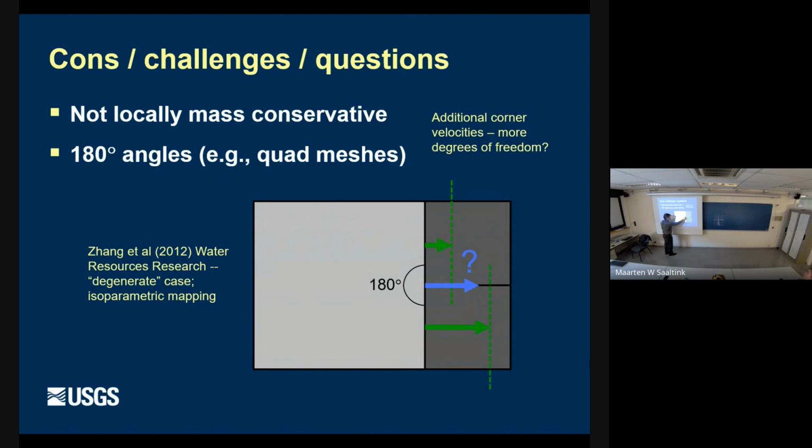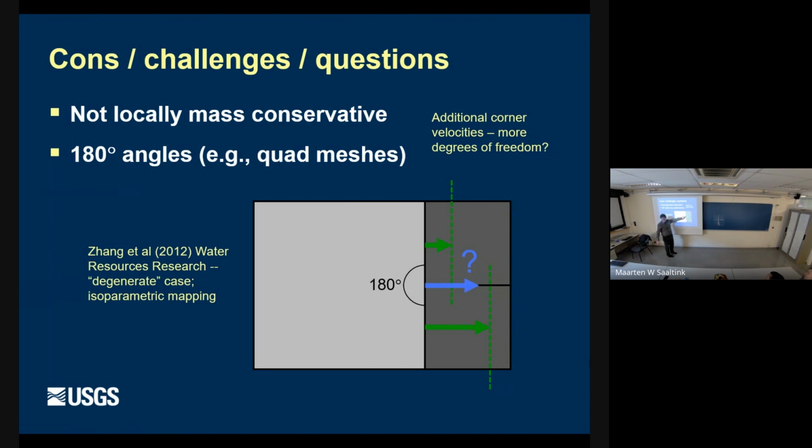So if you imagine there's a vertex here, this is a 180-degree angle. The problem with that is that Modflow could give you this flow on this face and that flow on that face, and supposedly they're supposed to match here, right? Because it's 180 degrees. You're trying to choose a velocity vector that honors both, and that's impossible, right?